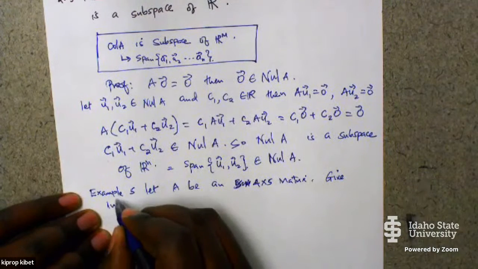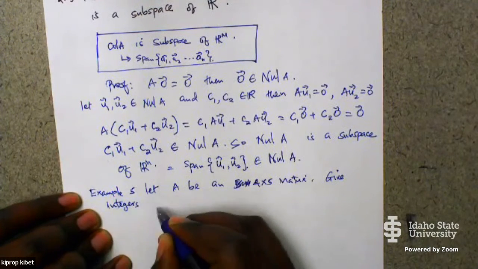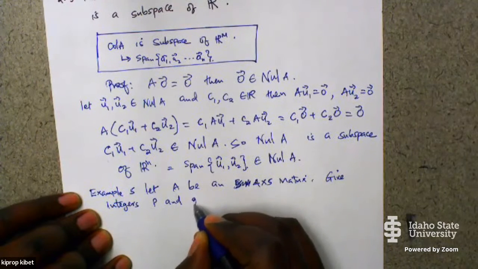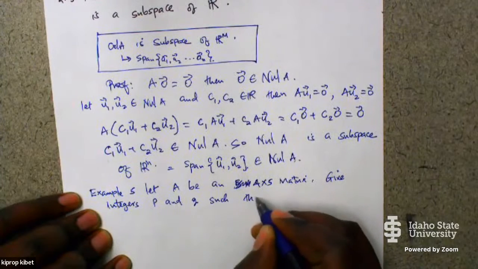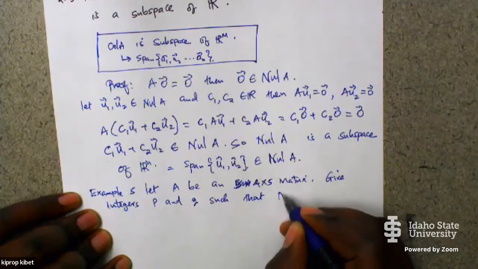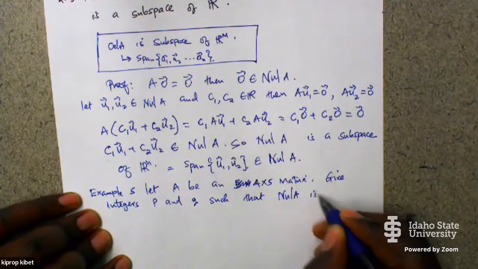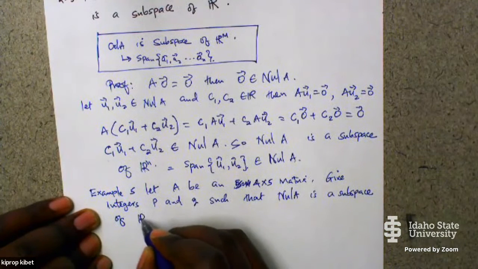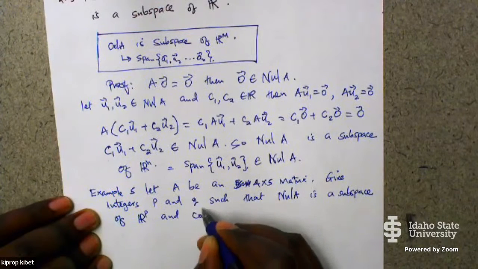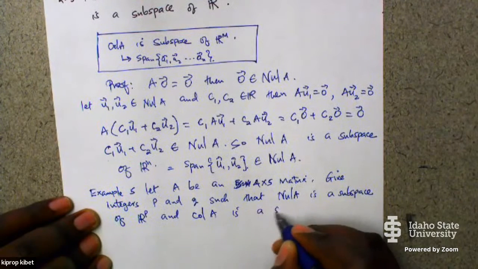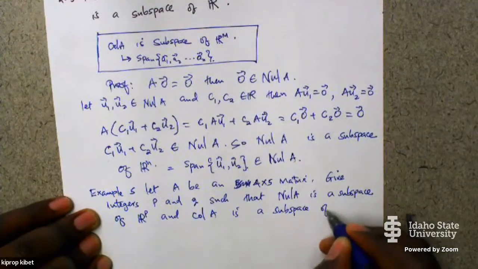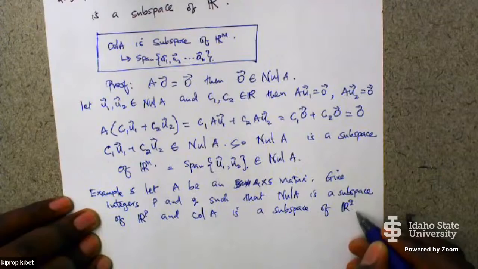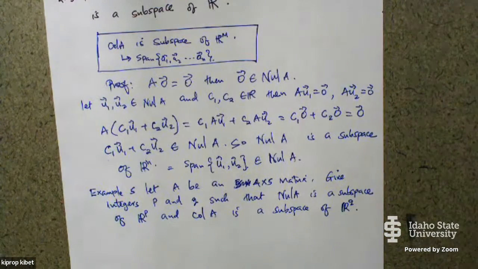Give integers P and Q such that the null space of A is a subspace of Rp, and the column space of A is a subspace of Rq. So what will be P and what will be Q?